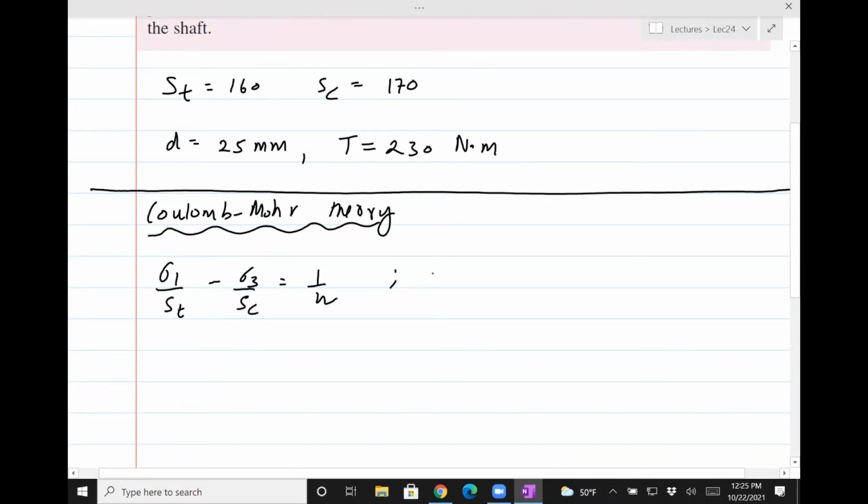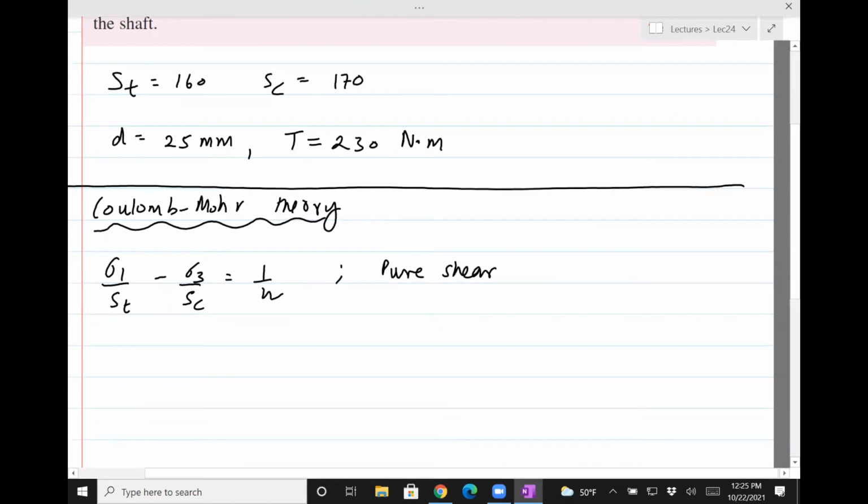Now for pure shear, and I say pure shear because it's only loaded by torque and not by a bending moment or something else. So for pure shear, we have sigma 1, there will be a max tau, right?